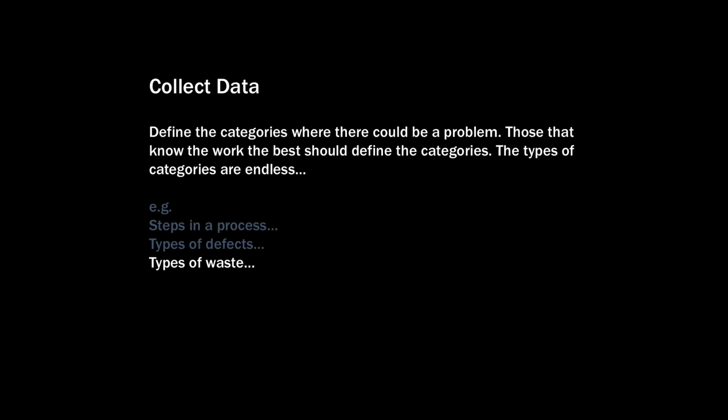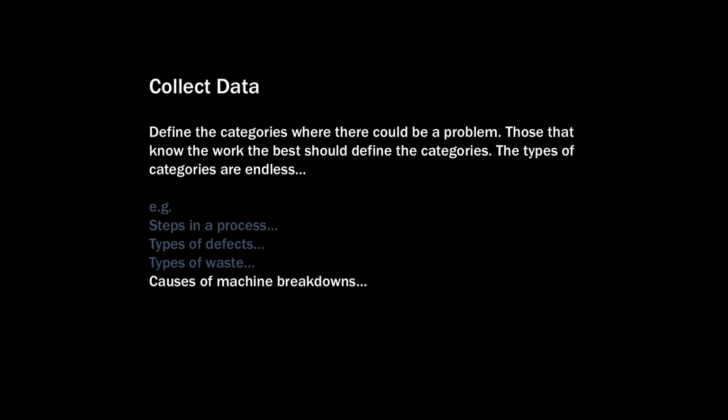Types of defects could also be types of waste, such as transportation, the waste of motion, the waste of stagnation, or overproduction. In manufacturing, the categories of errors could be causes of machine breakdowns, maybe power supply problems, or problems with the gearing or the lubrication of the machinery.